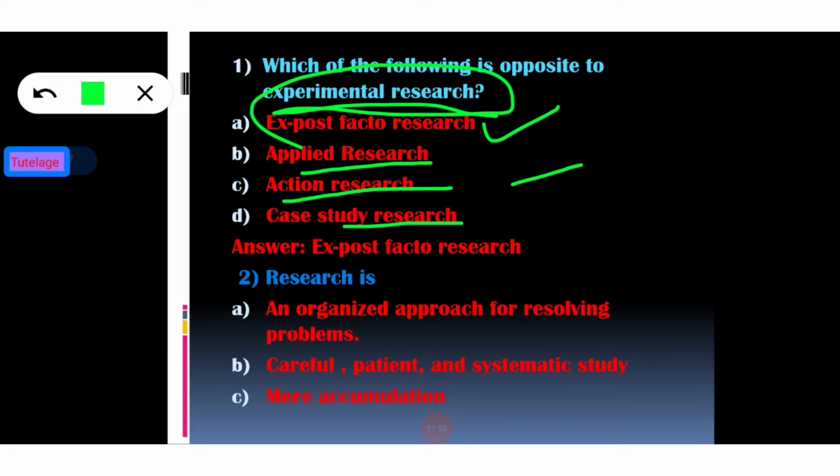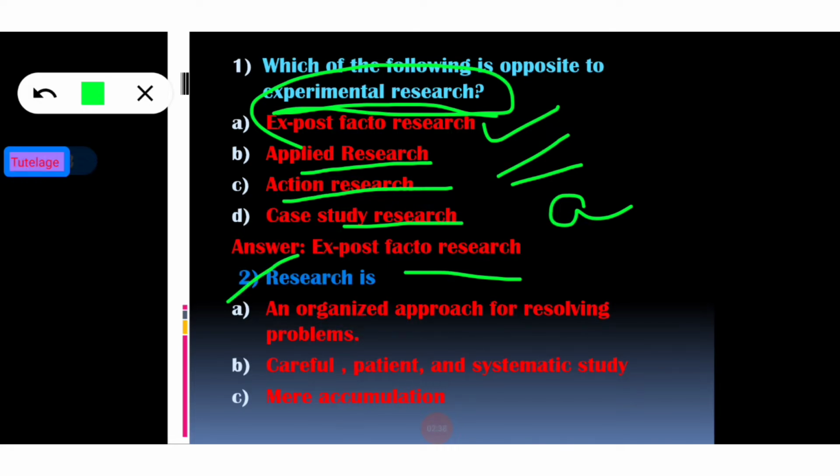Just opposite to that is ex post facto research, because in ex post facto research there is no manipulation. So option A is the correct answer: ex post facto research.